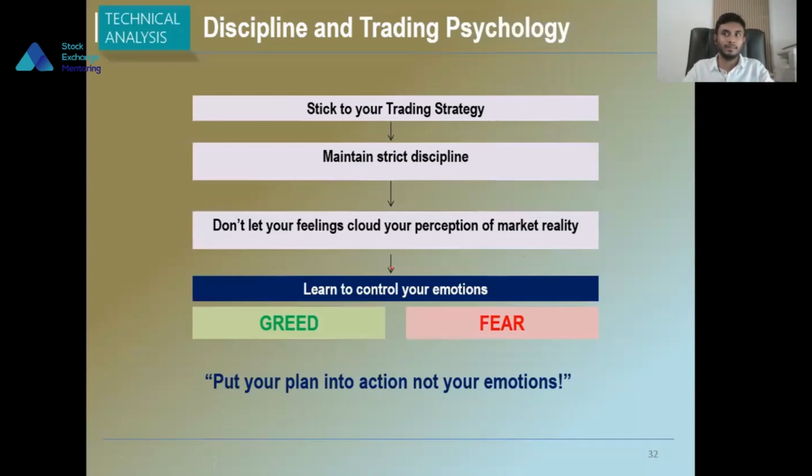Don't let those market sentiments make you throw your strategy out of the window. Learn to control your emotions, the greed and fear. Instead of putting your emotions into action, put your plan into action. This is what we have to do.